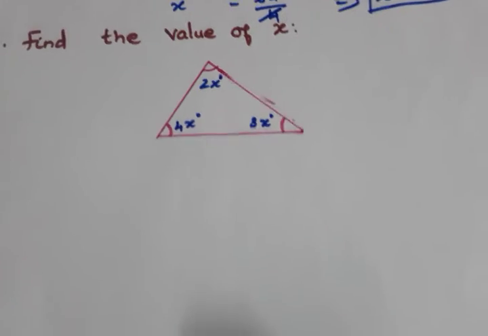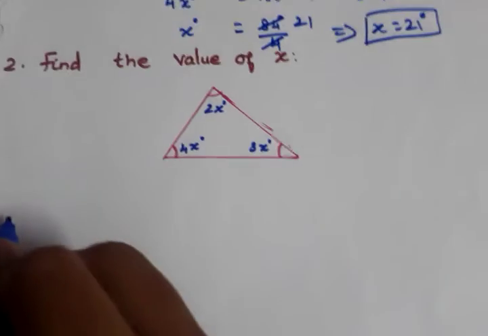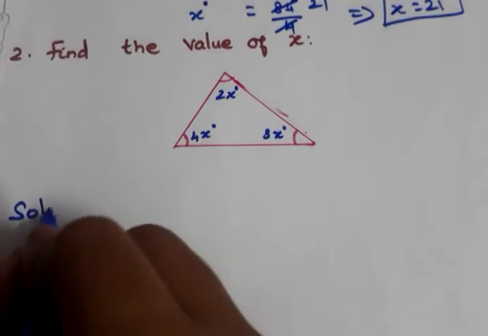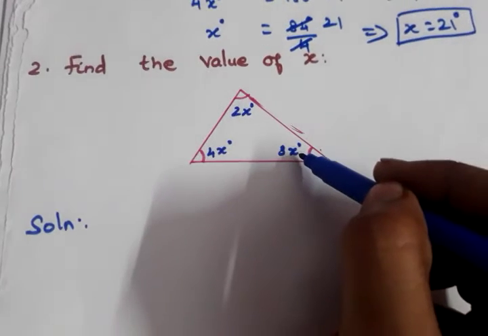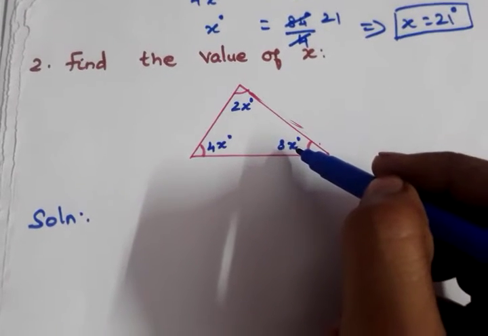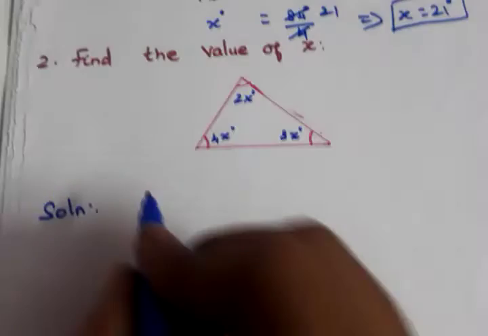Second sum, find the value of x. The angles are 4x degrees, 2x degrees and 3x degrees. The sum of the angles of a triangle is 180 degrees.